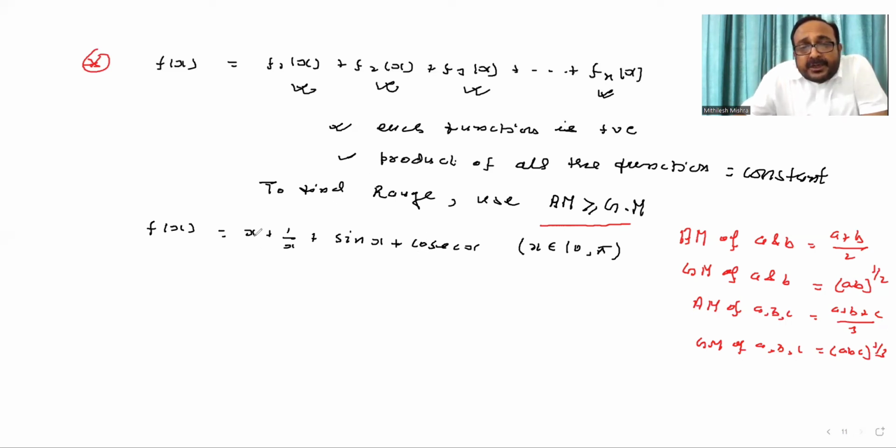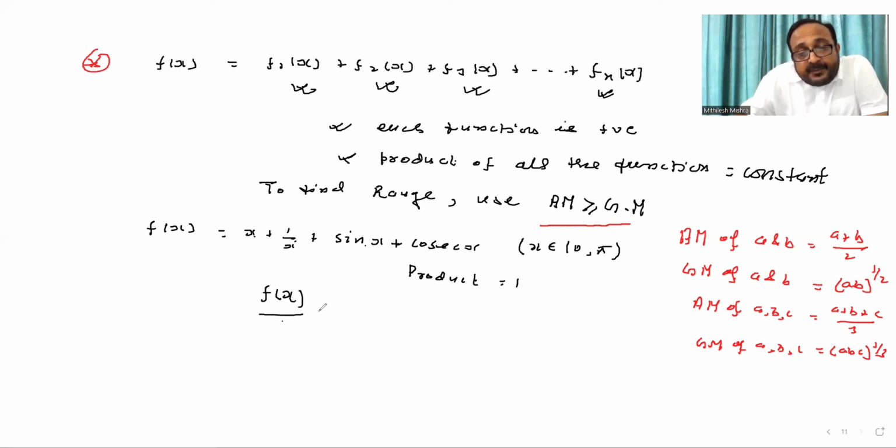Now see what is the product of these terms. Sine into cosec is 1, x into 1 by x is 1. Product is 1. So apply AM greater than or equal to GM. There are 4 terms.